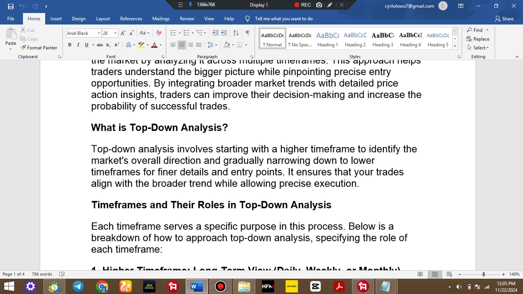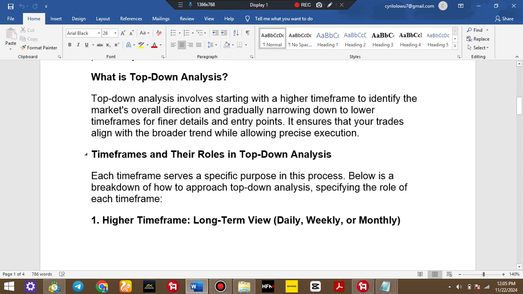So when you have this clear picture, the next thing is decision making. So you can see that for you to be profitable, you need to understand what top-down analysis is and how to approach the market based on it.